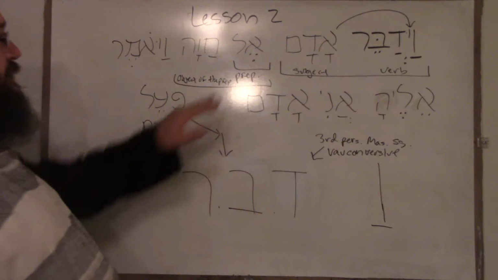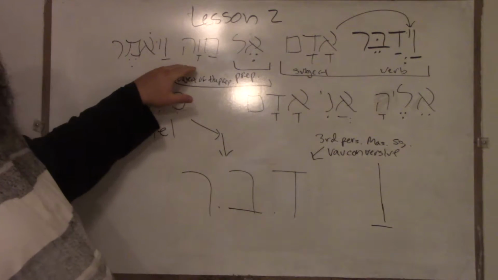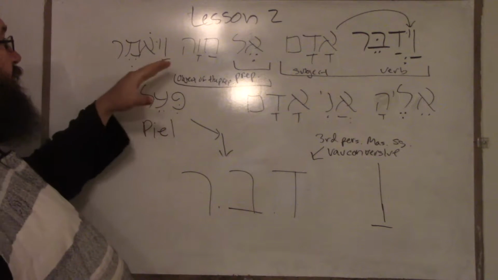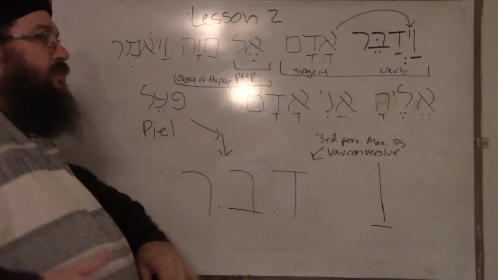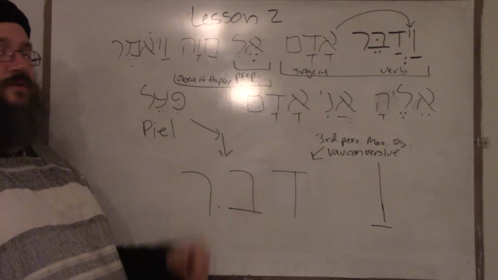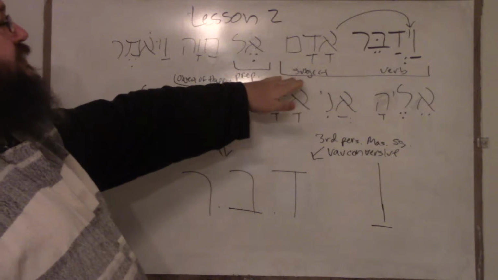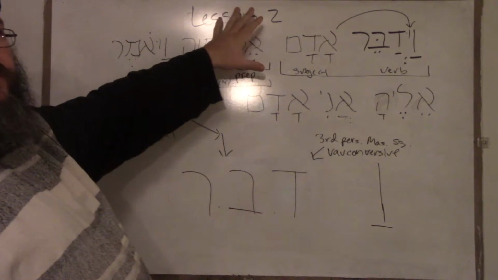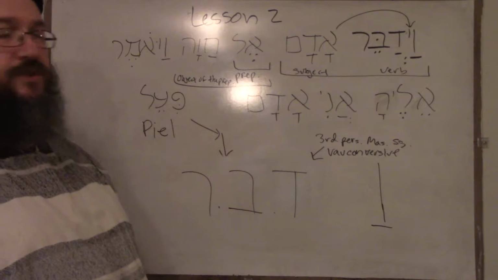So we have a preposition, el. We have the object of the preposition, chava. Chava is a feminine noun, and typically they translated the word Eve. Okay? Chava means life. Okay? So here, Adam spoke el, preposition to, Chava, the object of the preposition.